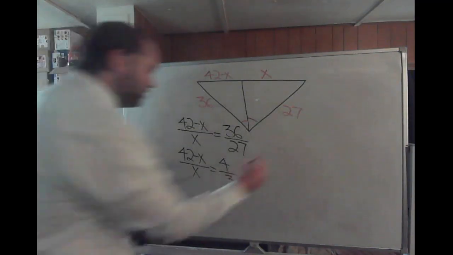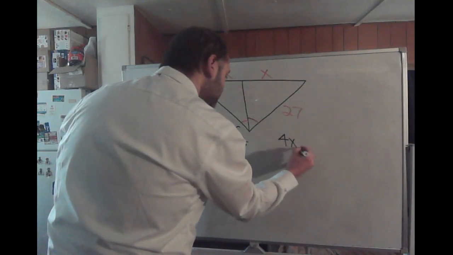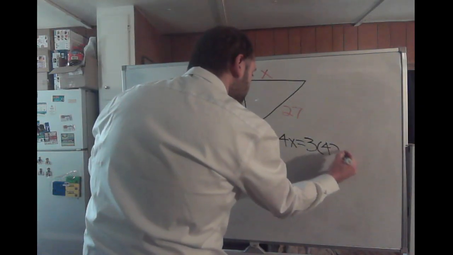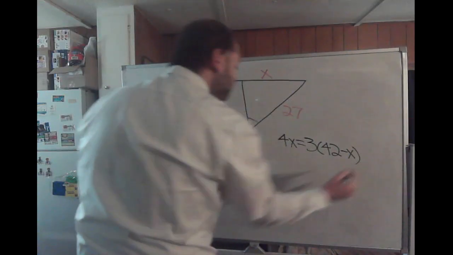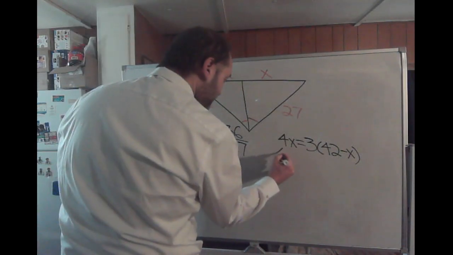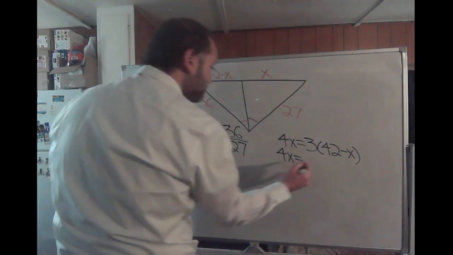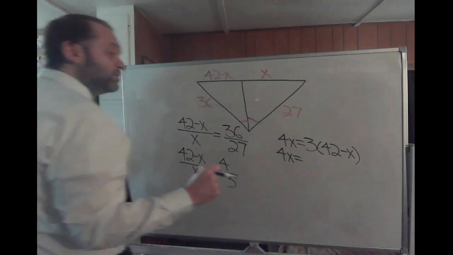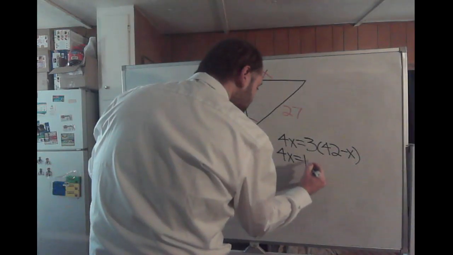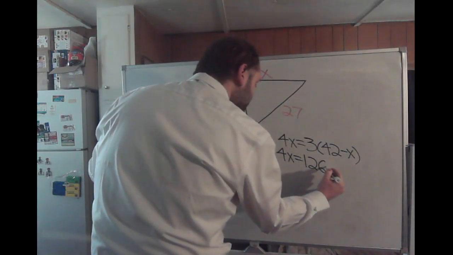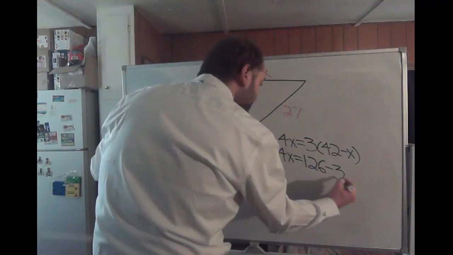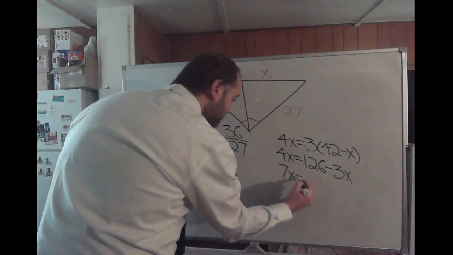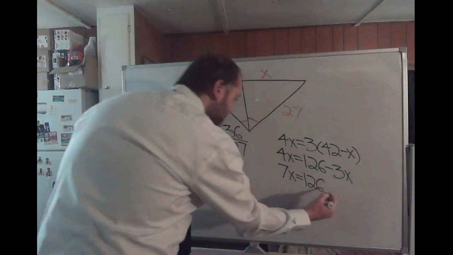Now you do your cross products, you'll end up getting 4x is equal to 3 times 42 minus x, which would then give you 4x is equal to, what's 3 times 42? 2 is 84, 124, 126. That'd be equal to 126 minus 3x. Simplify this further, you get 7x is equal to 126.